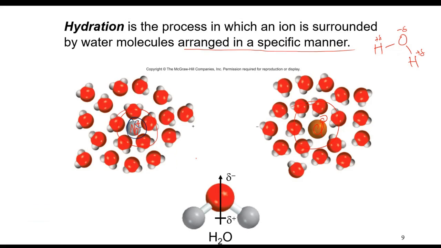So what is the side of the water molecule? Oxygen will be towards this Na positive. Here Cl is a negative ion, so it is surrounded by H. Very good. So the direction of hydrogen will be towards this chlorine. It is known as a specific manner.